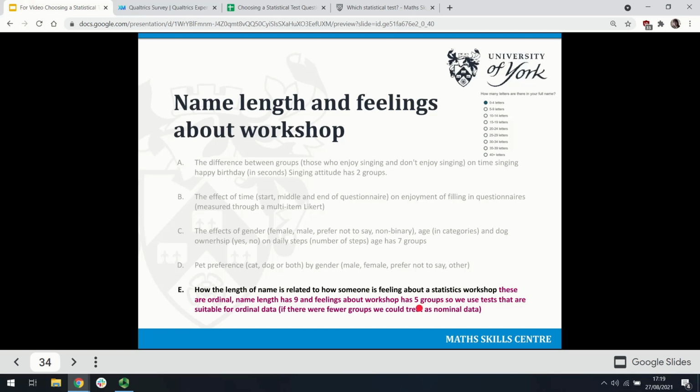It's got 5 groups, 5 levels. So if we got people filling in enough of these, so we've got enough spread of long and short names, and enough happy and sad faces for our feelings about the workshop, we can continue to treat the data like ordinal. However, just like age, if there's fewer groups, we might have to change our plan on what stats test we use and treat the data as nominal data.